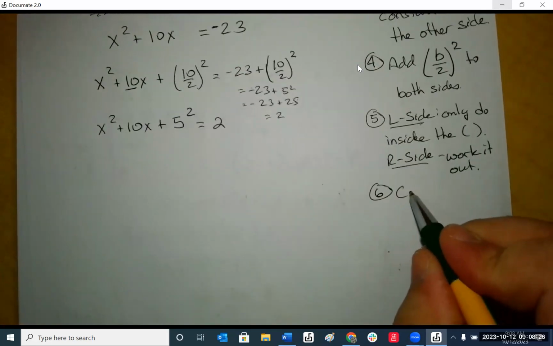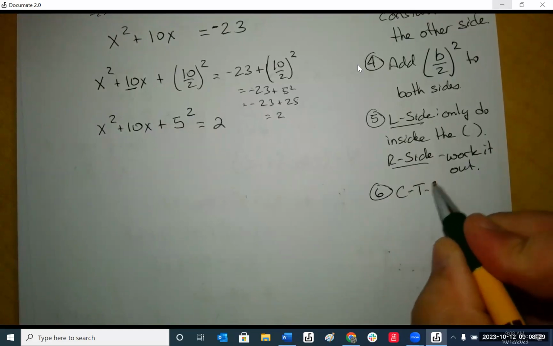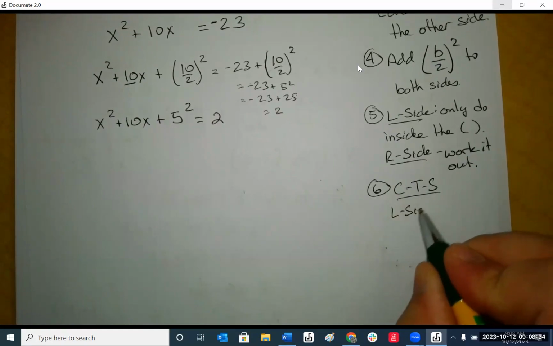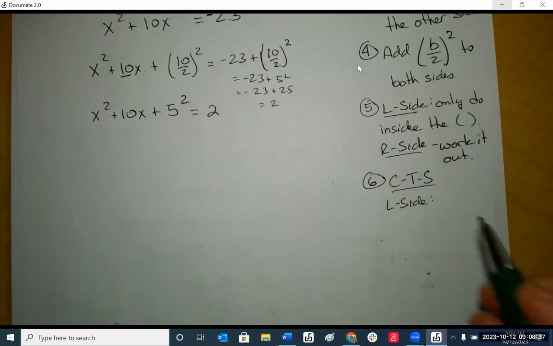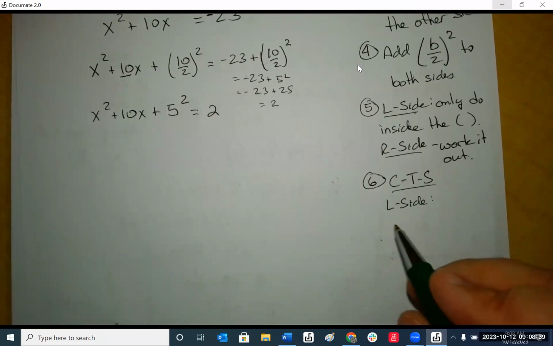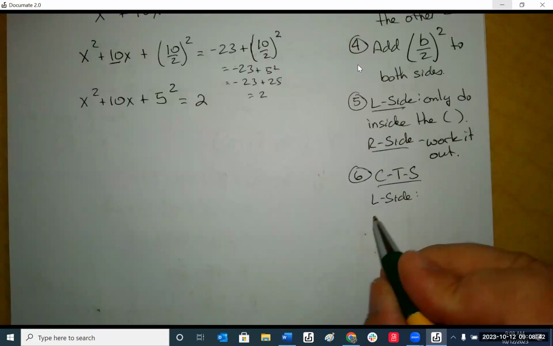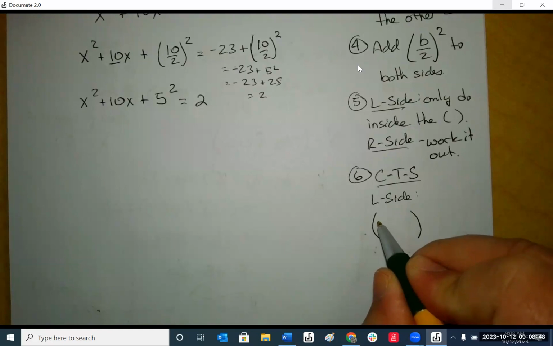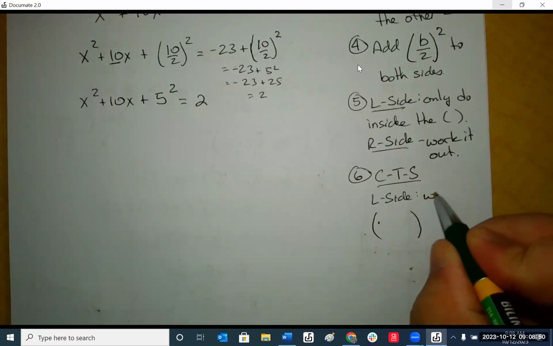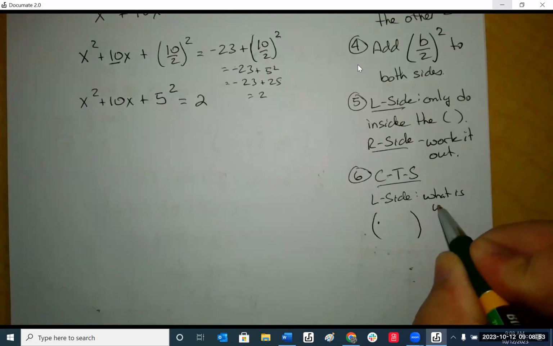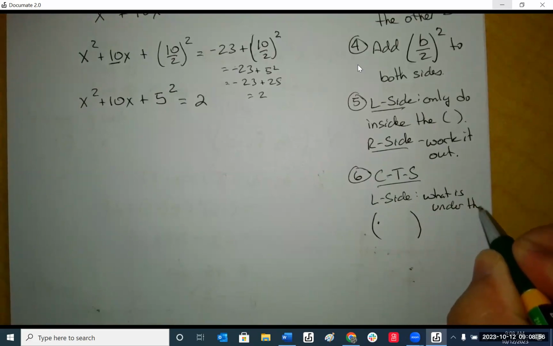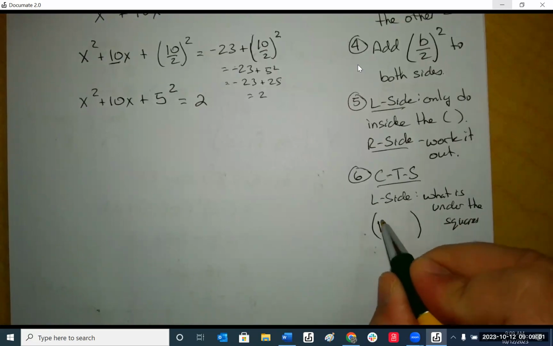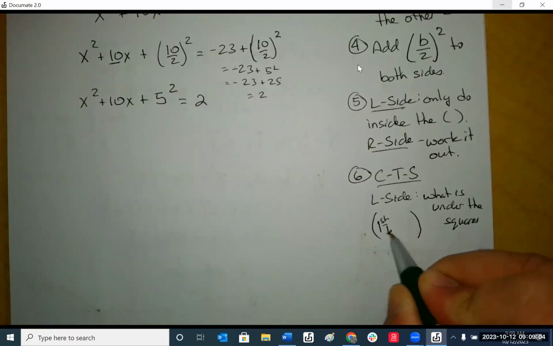Now here's where we actually complete the square. On the left side, this is the only side you're going to do. Inside a parenthesis, put what is under the squares. Put the first term here.